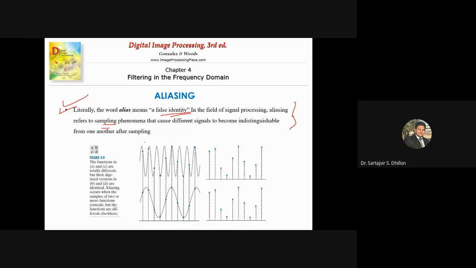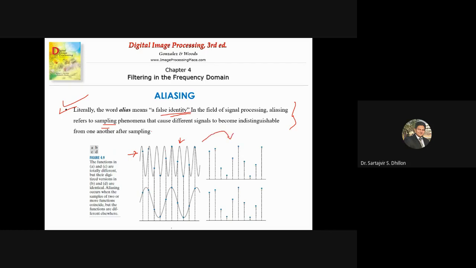And aliasing, you can see with the help of another example. Here there is an input signal, an analog signal, and this is a high frequency signal, and this one is the output sample form.